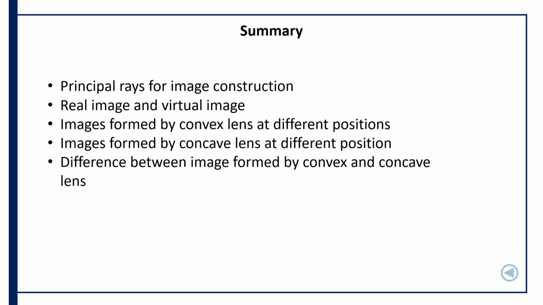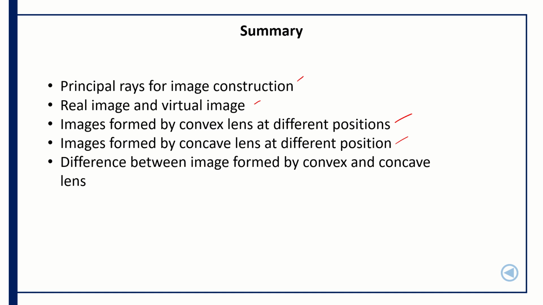We learnt what real images and virtual images are. We also learnt about images formed by a convex lens at different positions. We also learnt how images are formed by a concave lens and their applications.